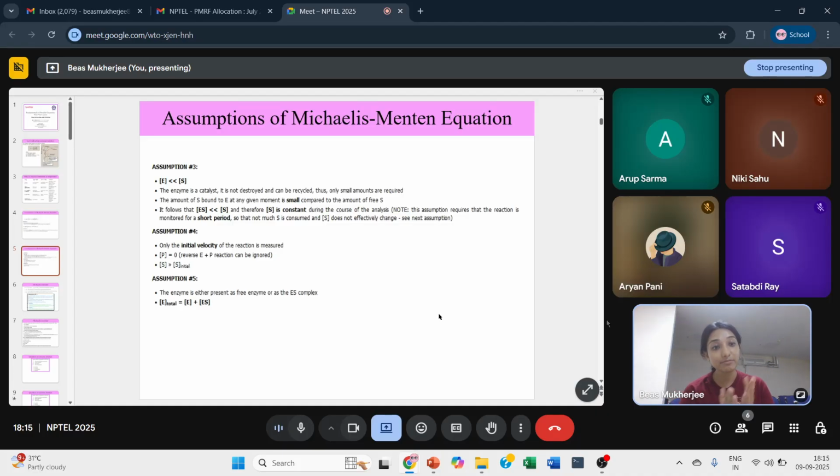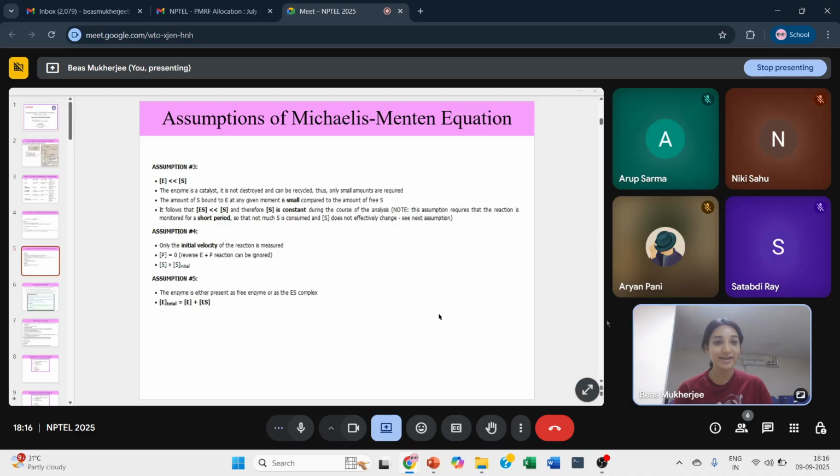Now, assumption number 4: only the initial velocity of the reaction is measured, and the concentration of the product is 0 initially, and the concentration of the substrate is much more than the initial concentration of the substrate. Now assumption number 5. There are way too many assumptions already, right?